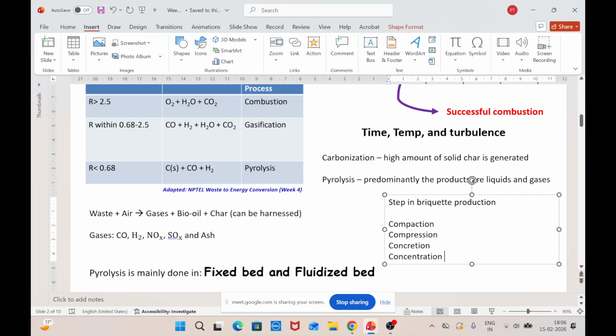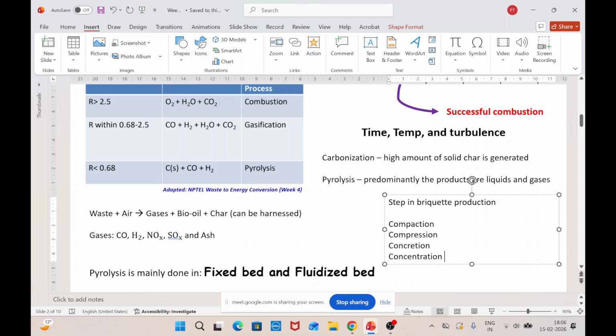Now, these briquettes and pellets, usually the main problem with the briquettes is they tend to generate a higher amount of carbon dioxide, and another thing is they have to be always stored under cover, and they cannot be exposed to moist conditions. Any typical reasons on why this particular condition is imposed?